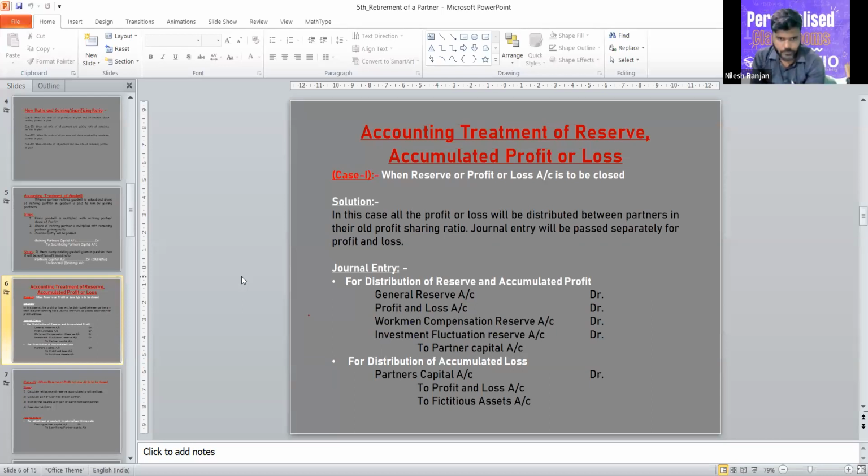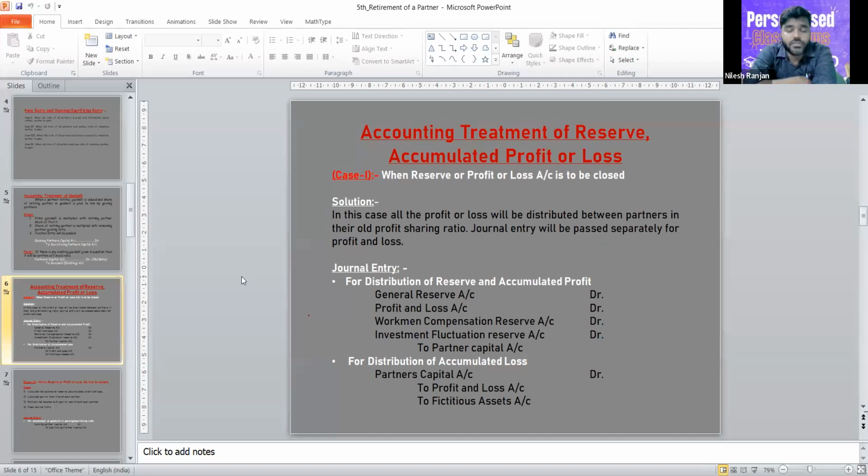So there are two cases in this also. First, when the reserve or profit and loss account is to be closed. If the question says nothing about this, then we will assume that the account is to be closed, which is case one. And the second is when the account is not to be closed.